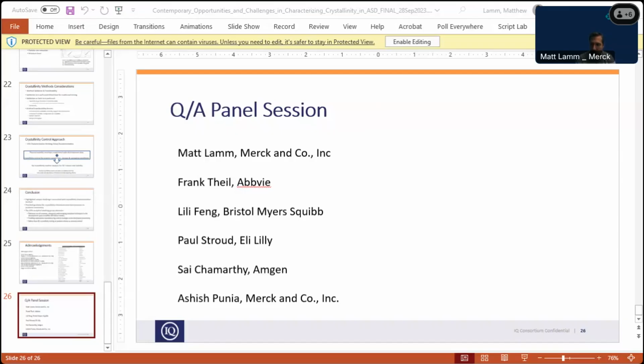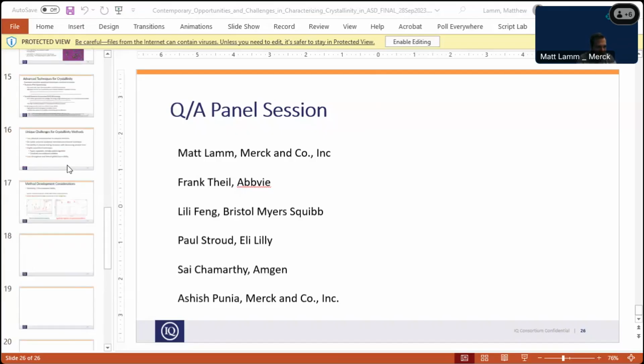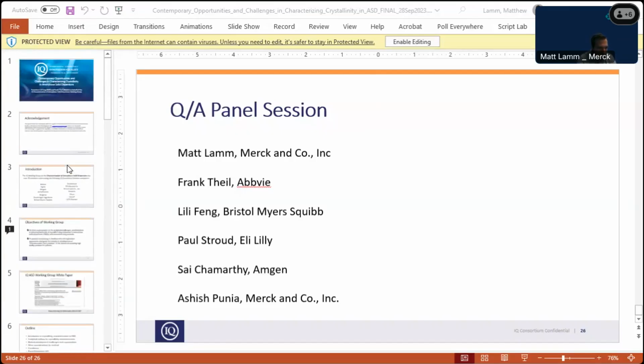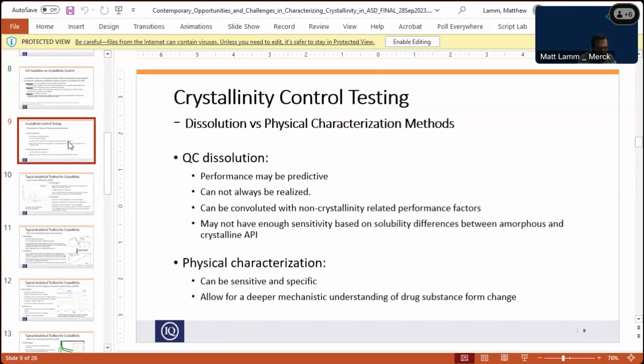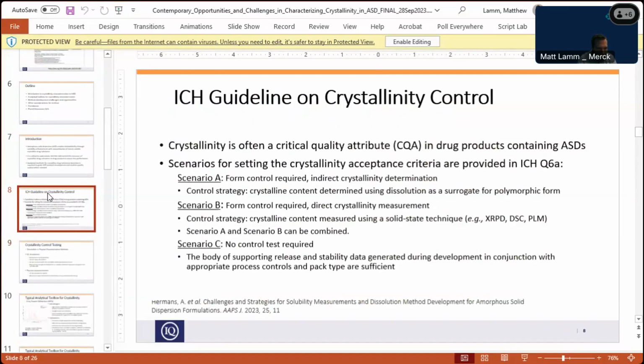Next year we hope to have the output of that in a few different ways. I'm going to go back to the slide they're referring to. But maybe Sai, if you want to speak to control strategies and, in your experience, what kind of data packages might be needed for scenario C where we wouldn't have a control test?